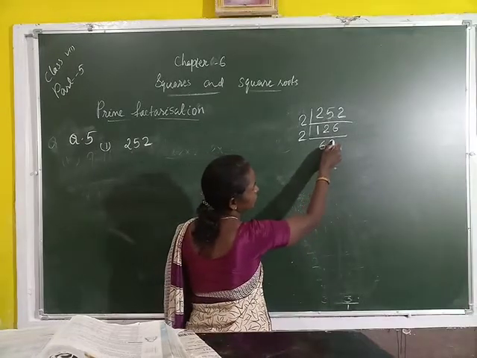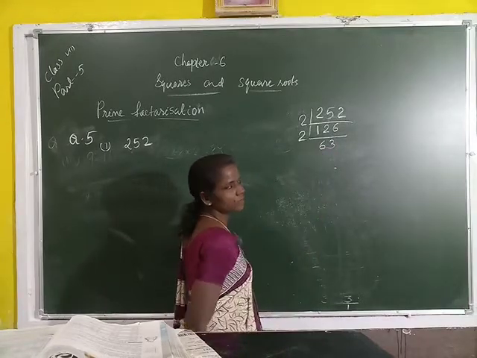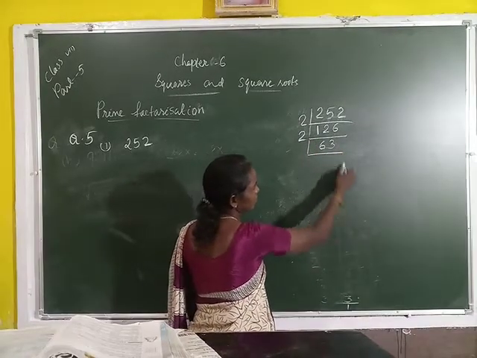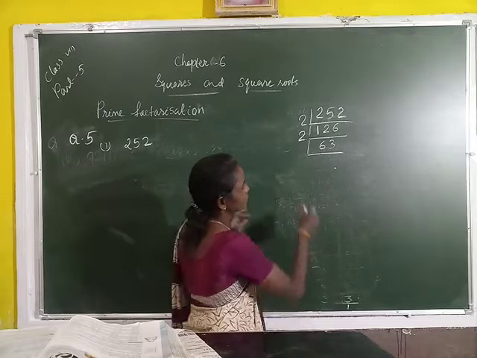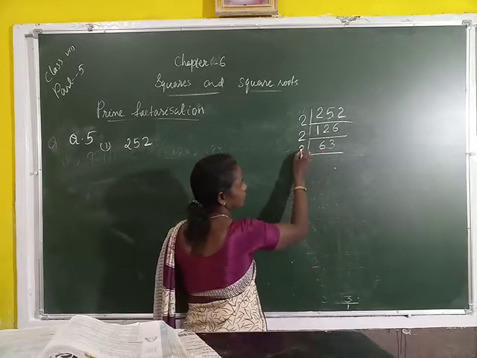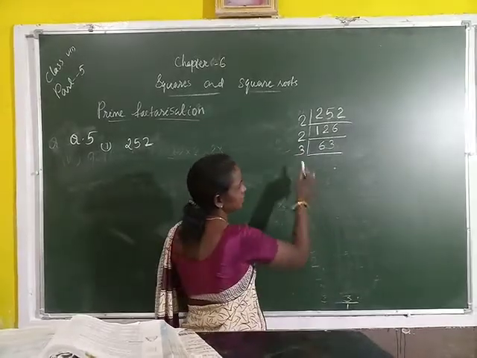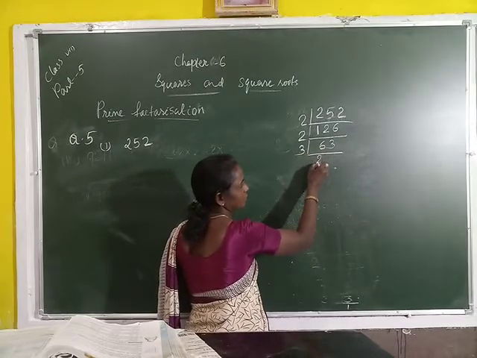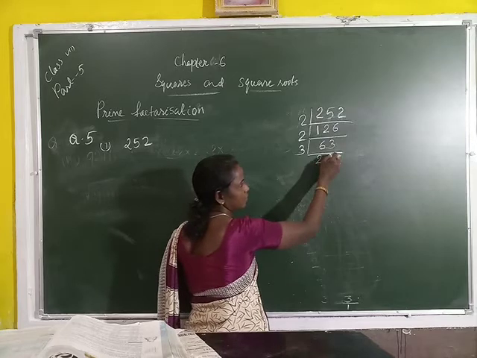Next, 63. 63 is divided by which number? 63 is complete, we can take 3. How many times? 3 in 6, 2 times. 2 3s are 6. In 3, 1 time.